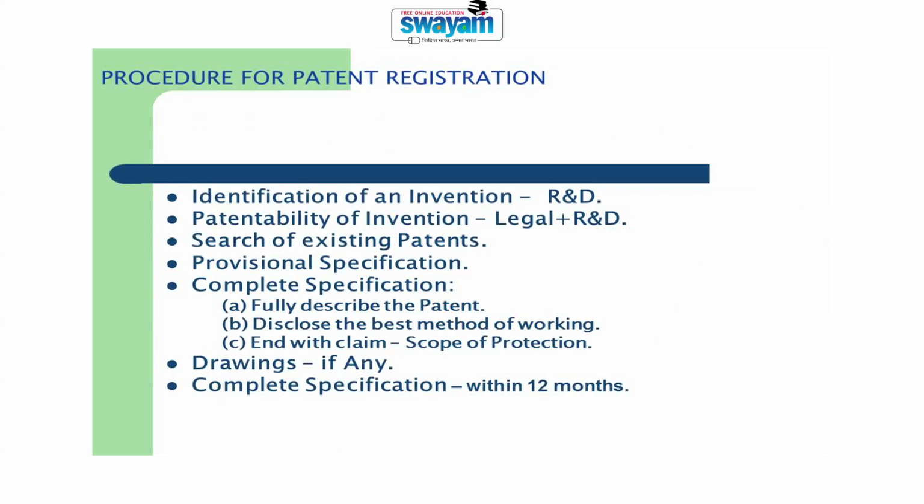Now, what is the procedure for registering a patent? I have listed it here. Identification of invention, R&D, is very, very essential, and for that you have to surf a lot of websites. I will be showing you later that there are n number of websites you have to surf, and that is why we call it patent search.